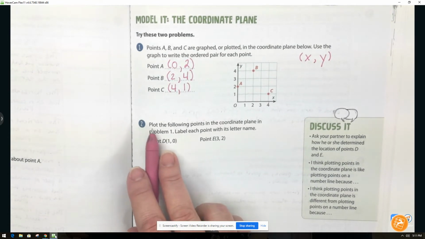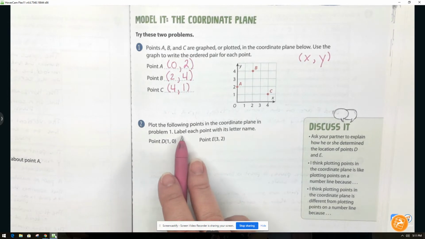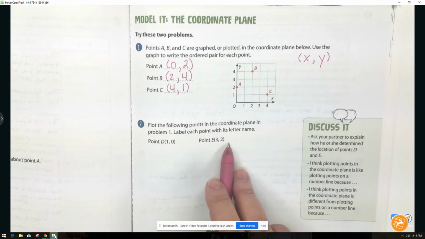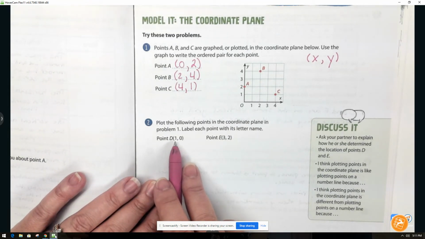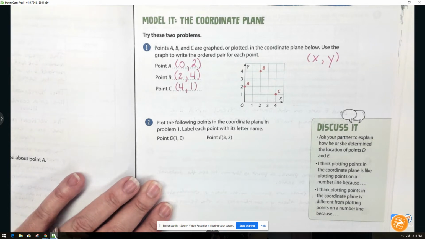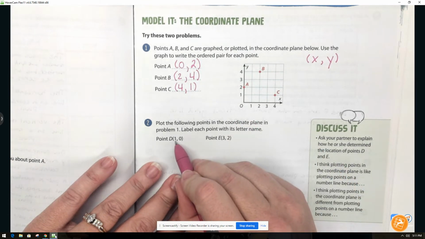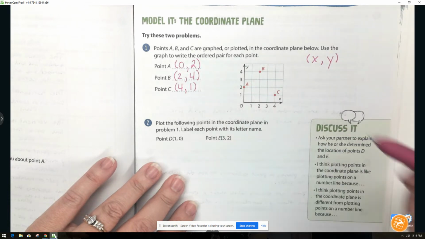Now for part 2, it says plot the following points in the coordinate plane in problem 1. Label each point with its letter name. So we're going to do point D and point E. For point D, we're going to have an x value of 1 and a y value of 0. So we start with the x value, and move on the x-axis over to the number 1.